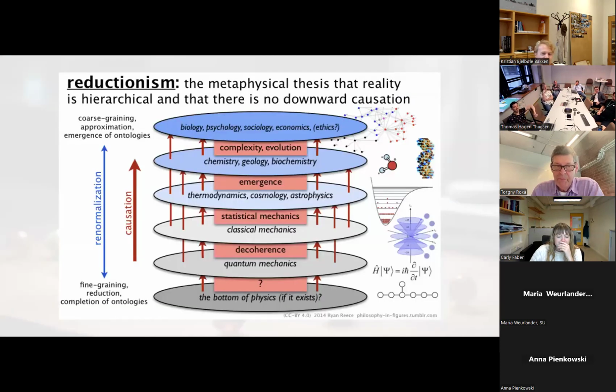And of course, in philosophy, we know this as reductionism. Okay. The metaphysical thesis that reality is basically leveled in this way. It's a layer cake. And the point of contention here is not the leveling maybe and the emergence. The point of contention here is that the red arrows only point one way. Causality can only go from the bottom of physics to everything else.